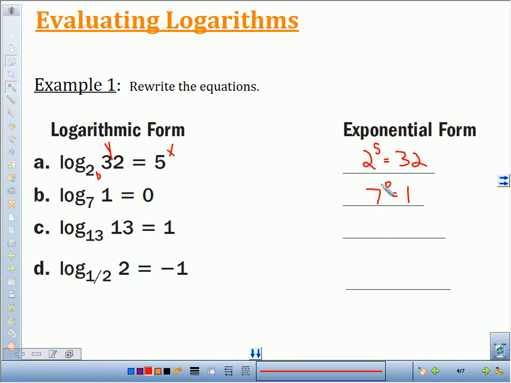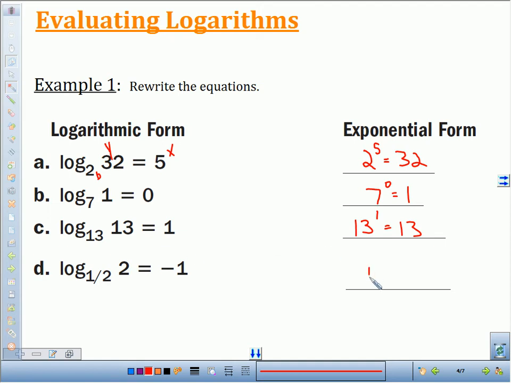And it's true, 7 to the 0th power does equal 1. Here I have log base 13 of 13 equaling 1. So that means that we have a base of 13, we have a power of 1, and we have it equaling 13, which again is true. 13 to the 1st power equals 13.